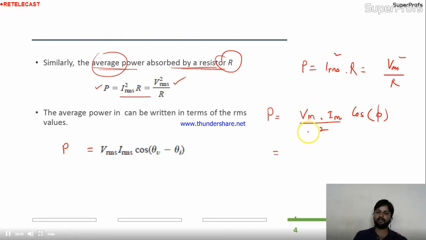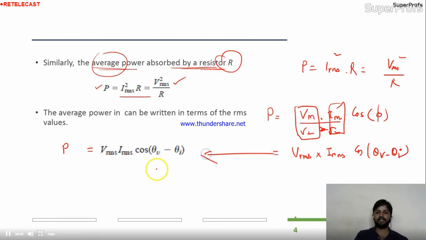So this divide by 2, can I write as root 2 into root 2? Yes. Vm by root 2, what will I write? Vrms. Im by root 2 is Irms. Cos of theta v minus theta i. Here is the equation. So if RMS values are given in the question, you can easily find the average power.